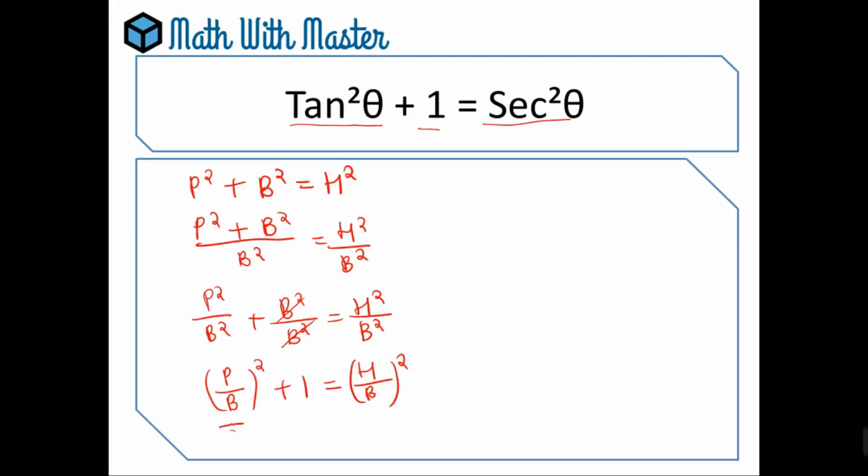Perpendicular by base is tan θ, and it has a square, so tan² θ plus 1 equals, hypotenuse by base is sec θ, whole squared. So tan² θ plus 1 equals sec² θ. This is how we found this formula.